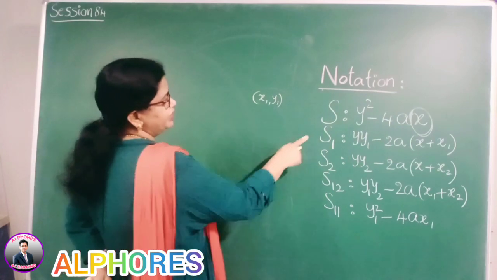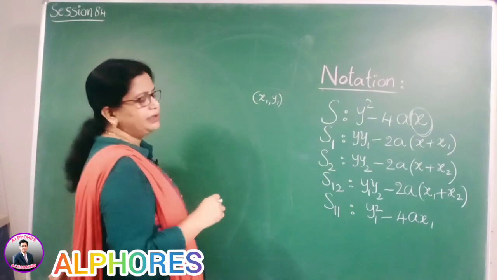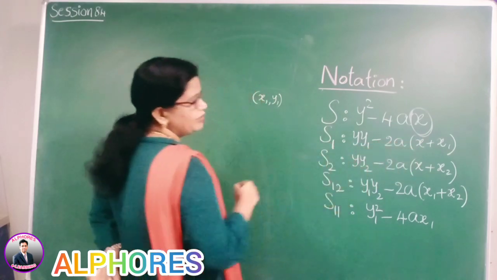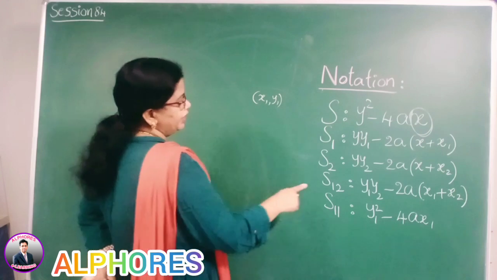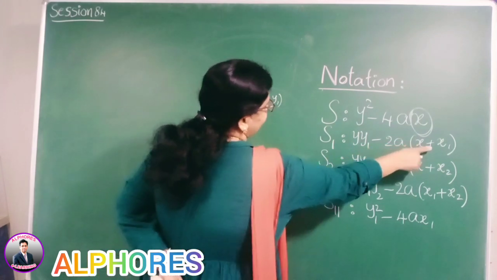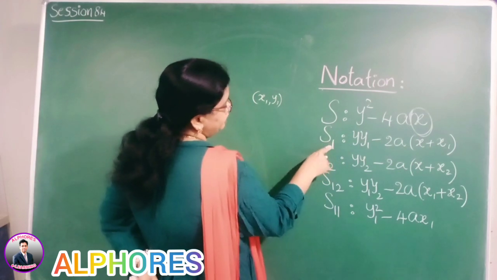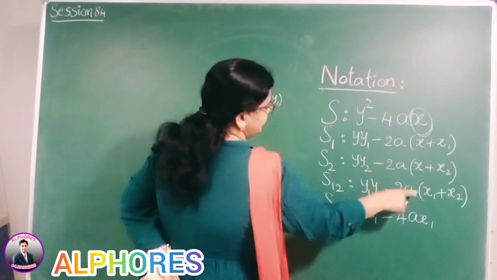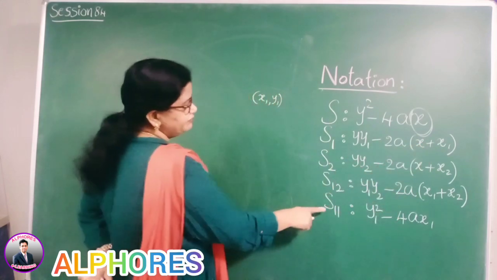And next one, the S2 value. How are you taking S2 here? Just instead of suffix 1 we are taking suffix 2. That's it. And S12. S12 means every value has 1, so the extra suffix you give here is 2, that is y1 y2 and x1 plus x2 as it is everywhere. S11.